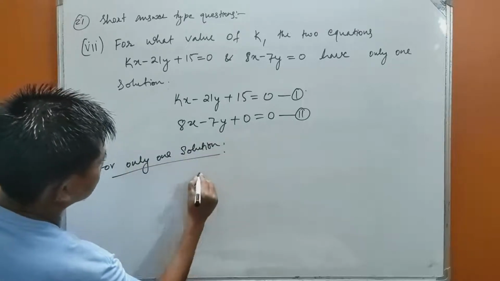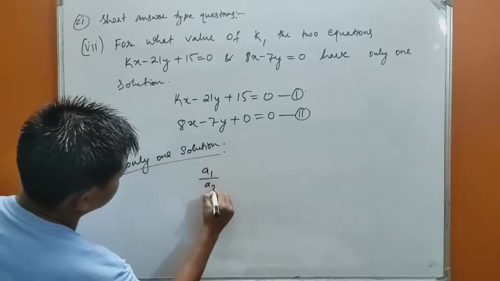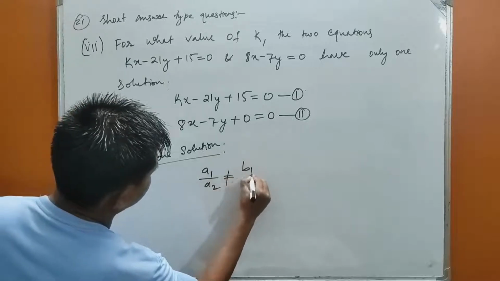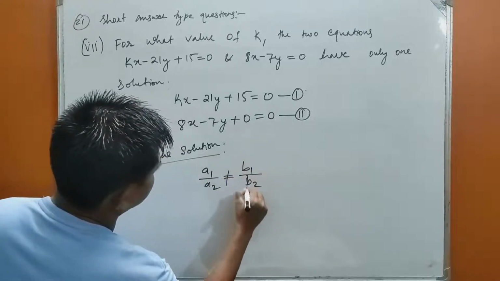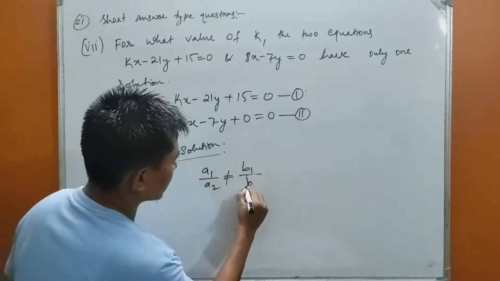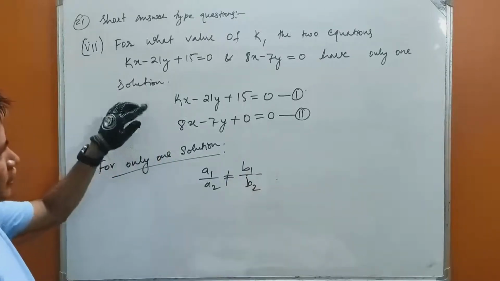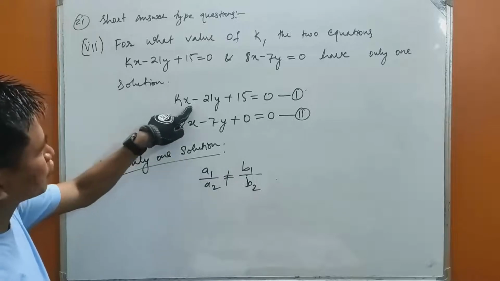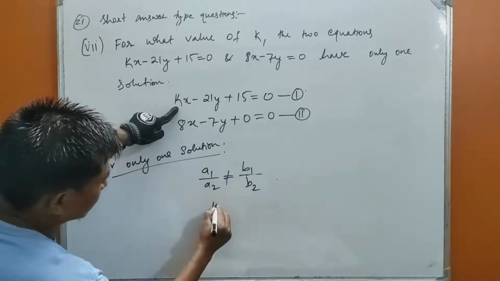the condition is a1 by a2 not equal to b1 by b2, isn't it? This is the condition. a1 by a2 not equal to b1 by b2. So let us write the value of a1. a1 means the coefficient of x in equation 1, that is k.